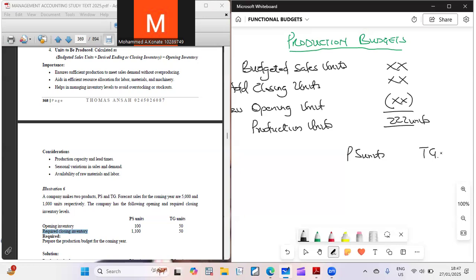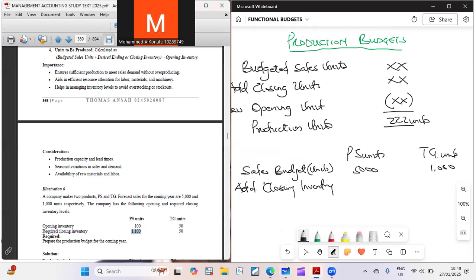How many are we going to do? So we will start with what? The sales budget, right? The units. And this question repeated the units for us. So we were told that this one will be 5,000 units and this one will be 1,000 units. Then what do you add? Closing inventory. So the closing unit. What is the closing unit?